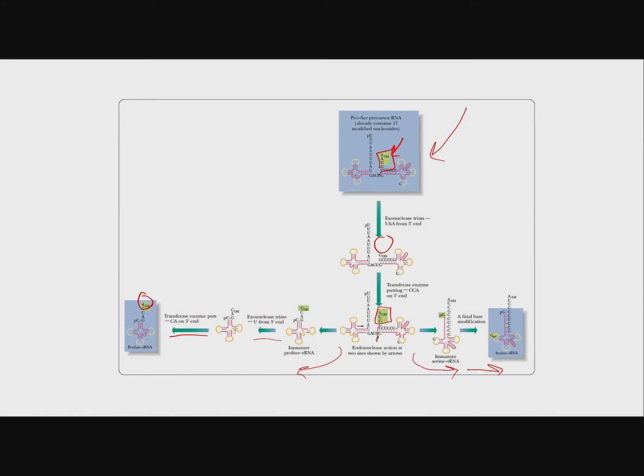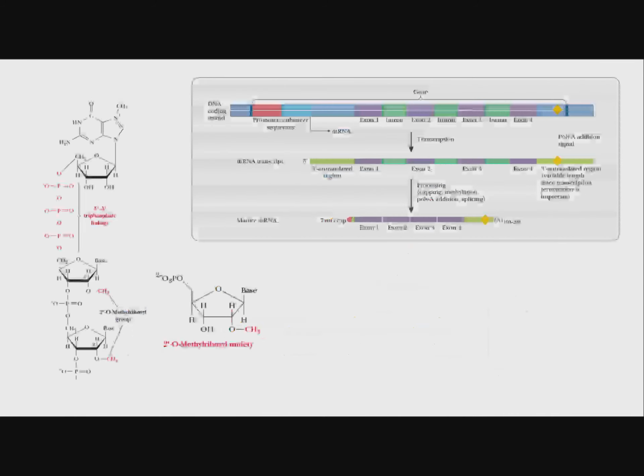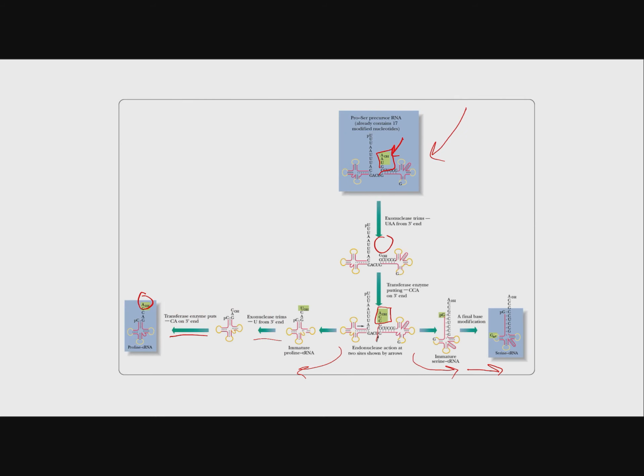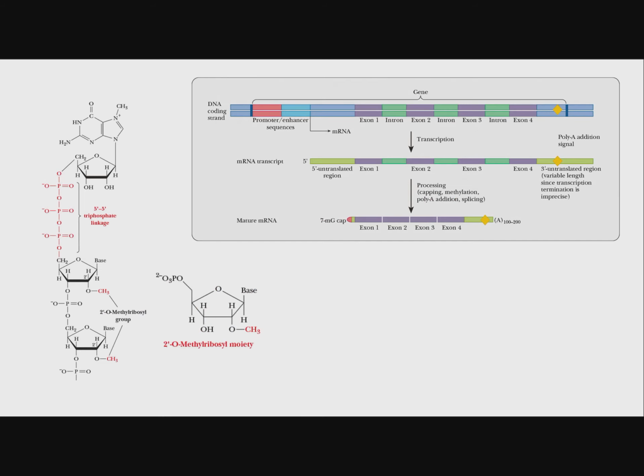Usual types of base modification are methylation and substitution of a sulfur for an oxygen. Again, these are typical base modifications for tRNAs. I don't think we saw a sulfur anywhere on here. Did we see one? No.